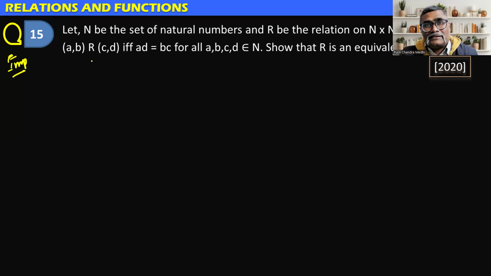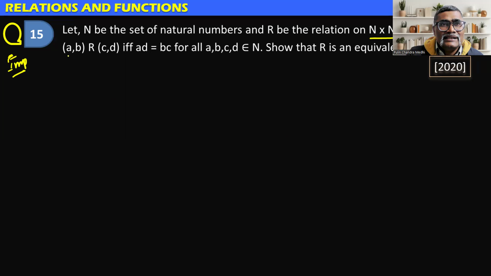So what is there? Let N be the set of natural numbers and R be the relation on N cross N. Earlier you had a relation defined on a single set. In that case, your elements were A, B, C type. But this time it is on N cross N. So your element will be taken as an ordered pair. Be very clear about that.